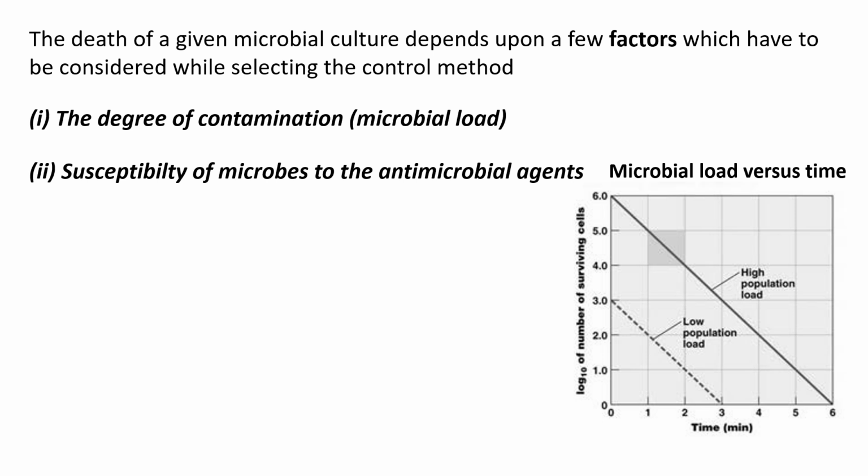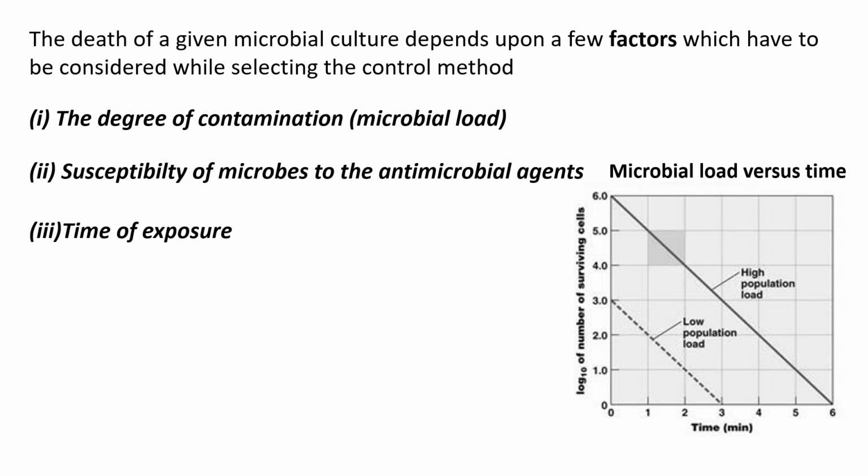It is necessary to carefully select an antimicrobial agent because some microbes are resistant or less susceptible to certain antimicrobial agents. For example, it is no use trying to kill Deinococcus radiodurans using radiations because it is resistant to radiations.